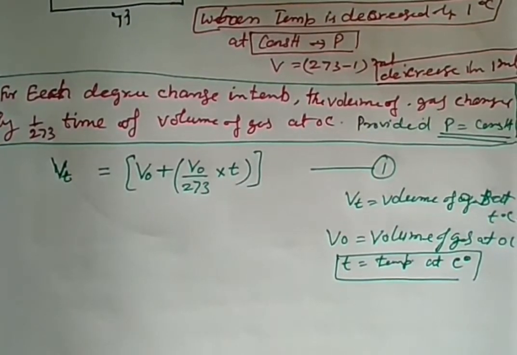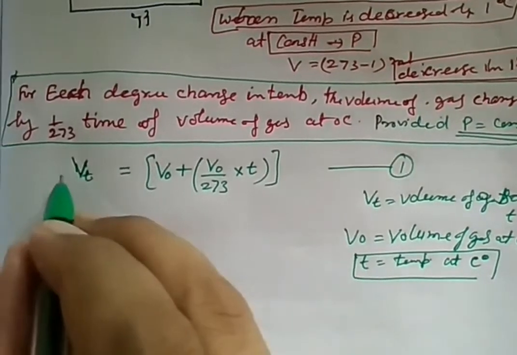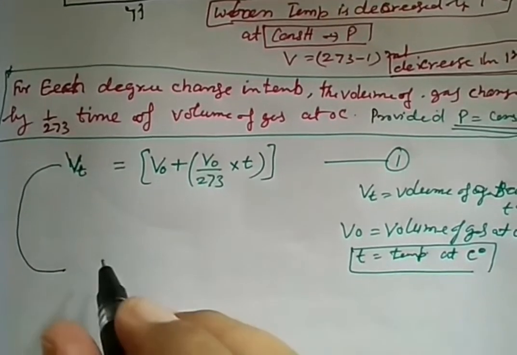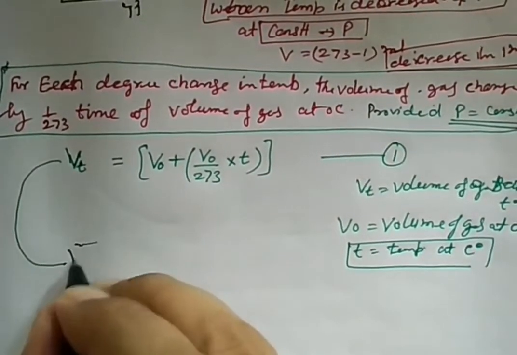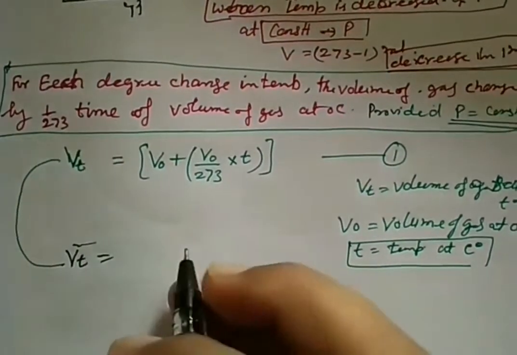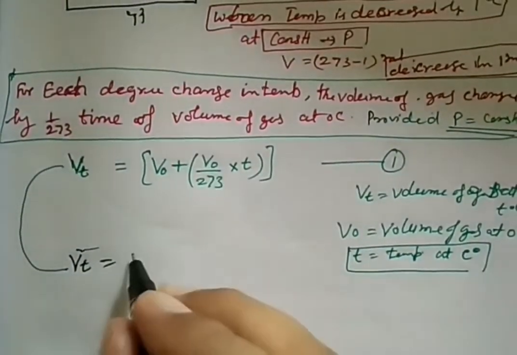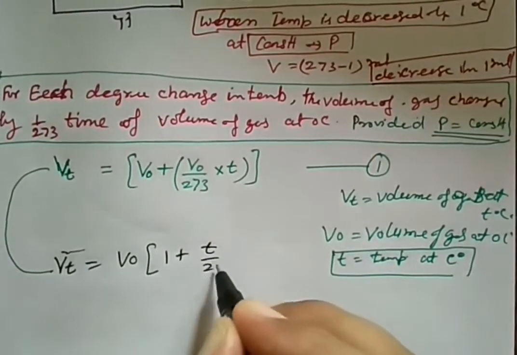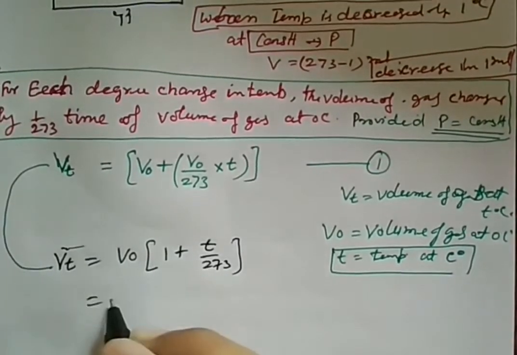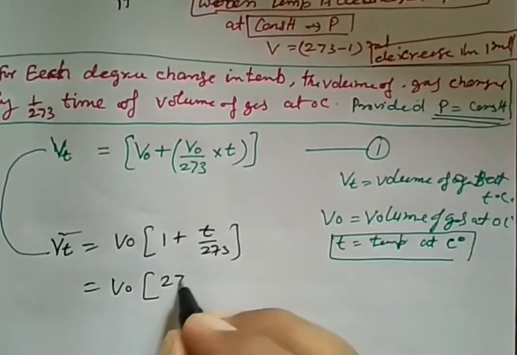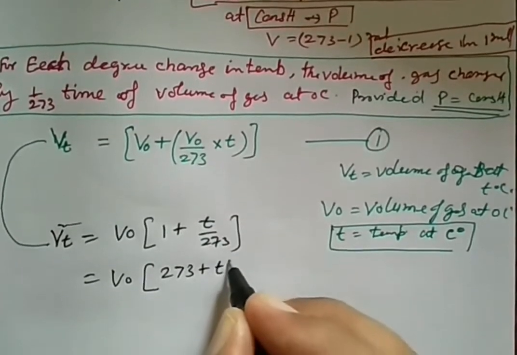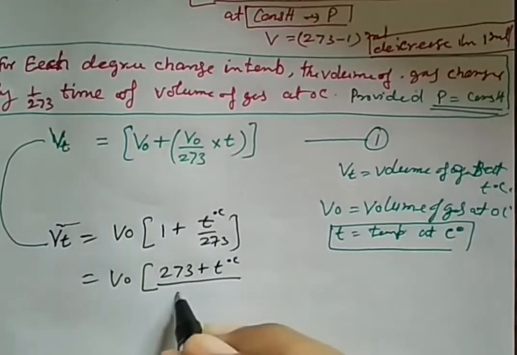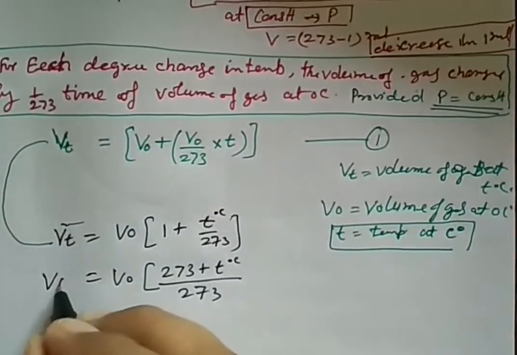Right? Now see, one more change can be done in the formula. V0 is common, so it becomes Vt is equal to V0 times 1 plus T by 273, or Vt is equal to V0 times 273 plus T degree Celsius, by 273.